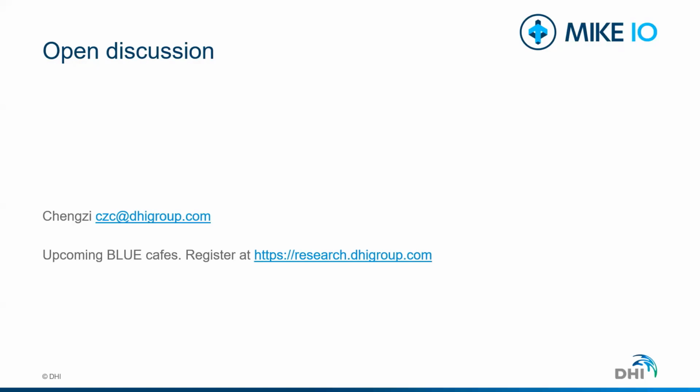Are you planning to develop other packages beyond I/O, for instance, for automatic modeling? Chengxi, do you have an answer to this interesting question? I think we'll try to develop that, but I think that will be a separate package apart from MikeIO.